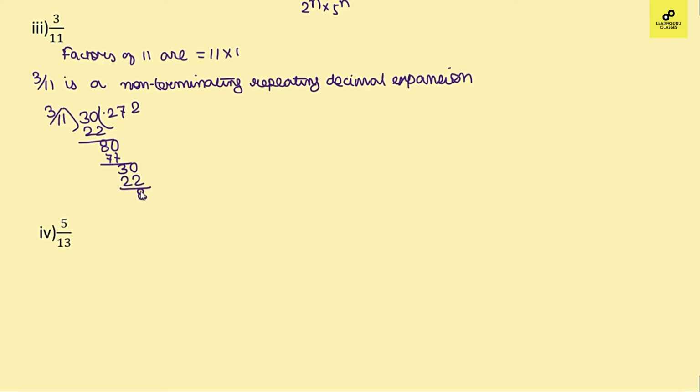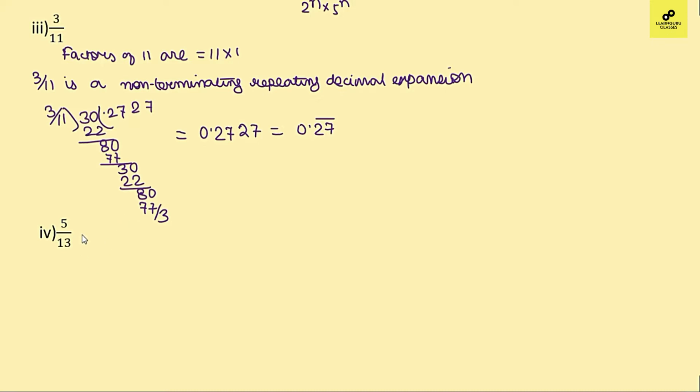Here you come 30 minus 22, that is 8. 11 7s are 77, 3. So you see that the sequence is 0.27 0.27. So you can simply write it as 0.27 bar.